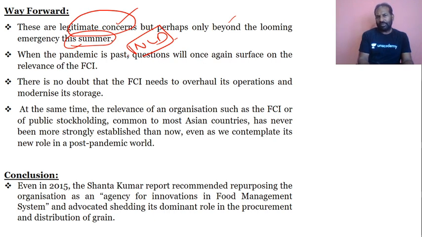And once the pandemic is over, questions will once again surface on the relevance of the FCI, and that is also a way forward, that we need to look at the role and relevance of FCI.